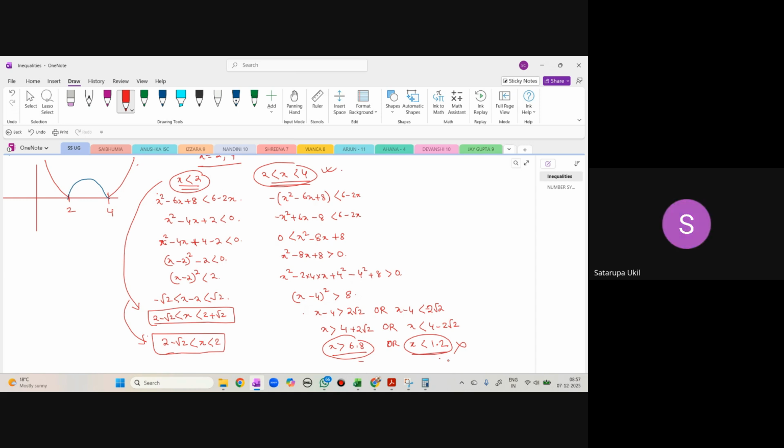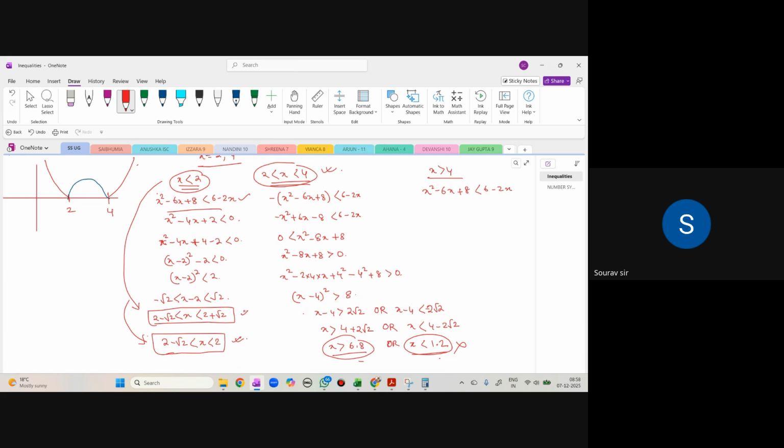Yes, sir. Okay. And the last region is x is greater than 4. Now, when x is greater than 4, again, I get the same expression because the expression will be positive. So x square minus 6x plus 8 less than 6 minus 2x. So same inequality, so I'll get the same solution.